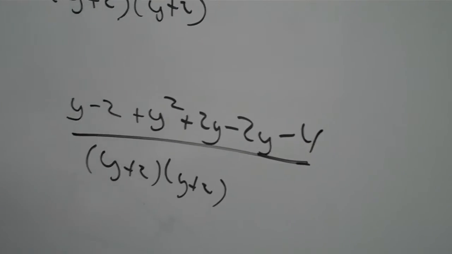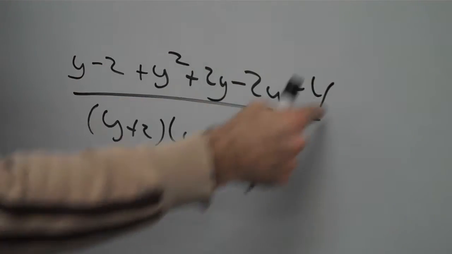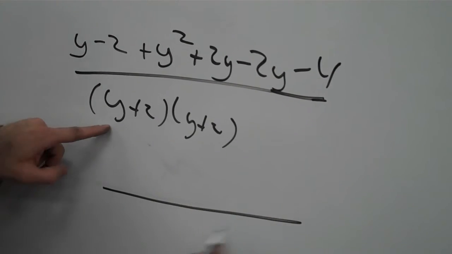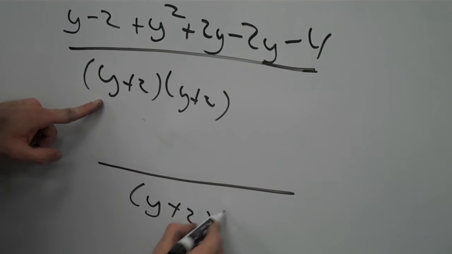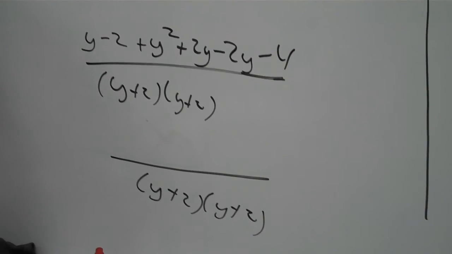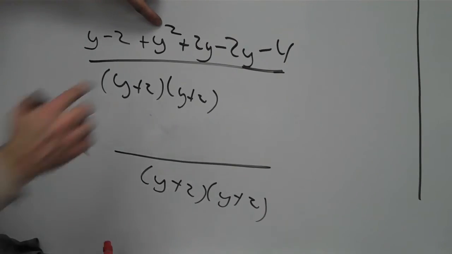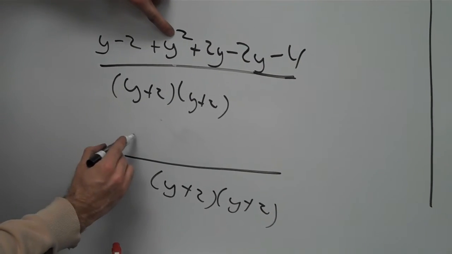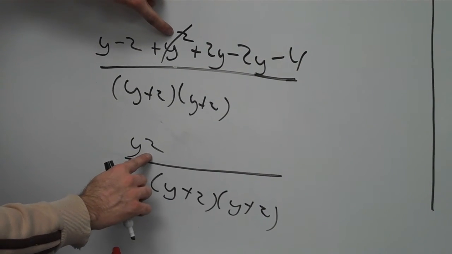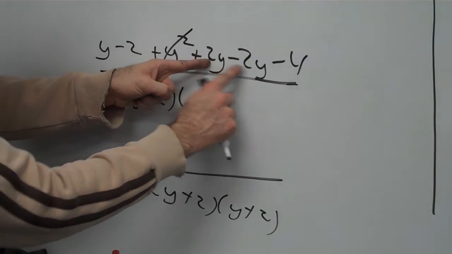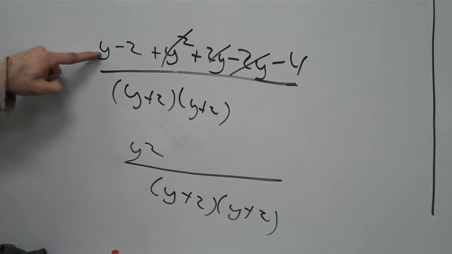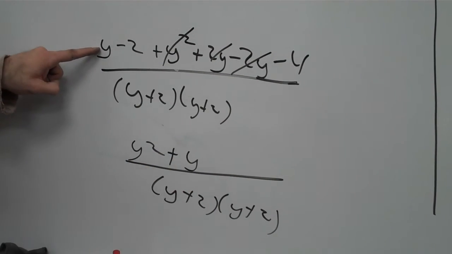Don't leave it like that, because we can combine like terms on top. So we go one more line down, and it's still going to be our same denominator, y plus 2 times y plus 2. Let's combine like terms, starting with our highest exponent. There is no other y squared, so I just put y squared. Now the y terms: 2y minus 2y cancel each other out, and I have one more y right here, so I put plus y.